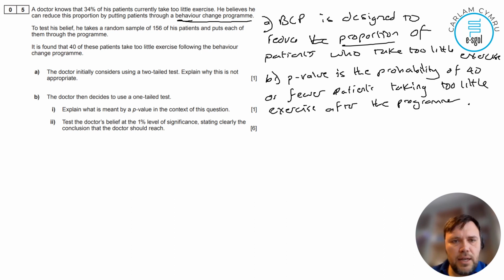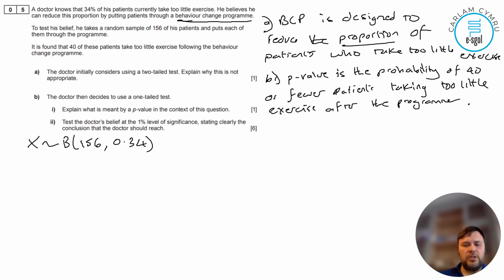Okay, and now let's get into the hypothesis testing. Test the doctor's belief at the 1% level of significance, stating clearly the conclusion that the doctor should reach. So we've already defined what X is. X is the random variable binomial 156, 0.34. So that's your 34% as the probability, and your 156 is the number of patients.